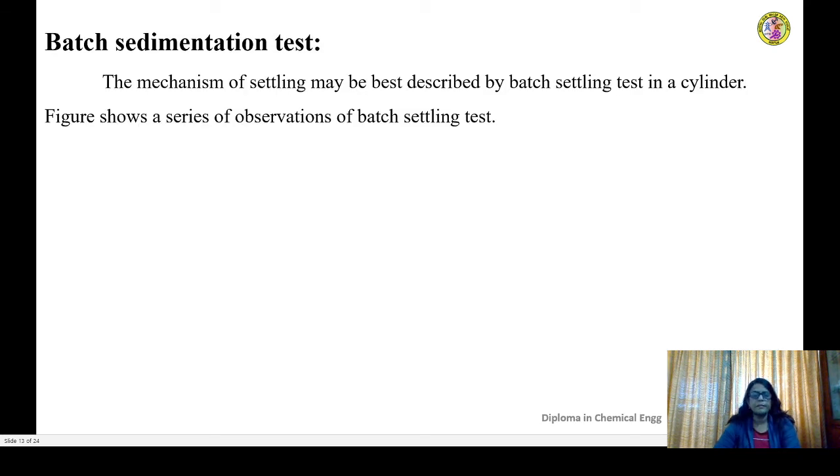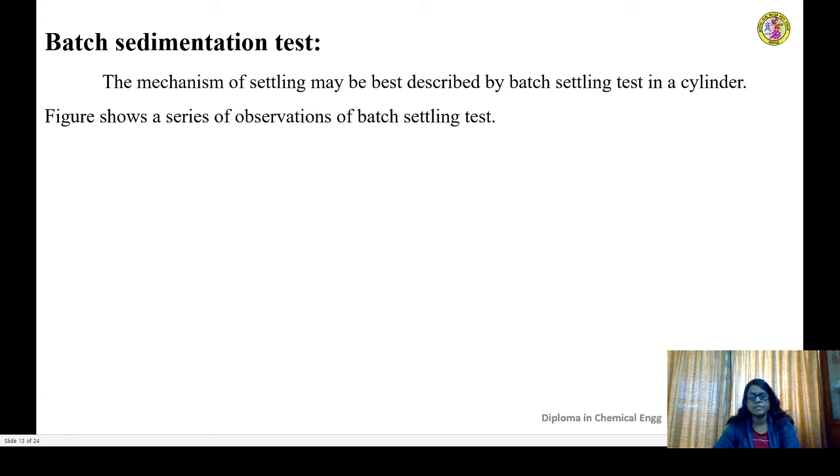So now let us take up the batch sedimentation test. Here, batch sedimentation is applied to the slurry from which the solids and liquids have to be separated. This is an experiment where a glass cylinder is taken and the slurry which is to be settled is filled to a certain height, and its settling under the gravitational field is observed.